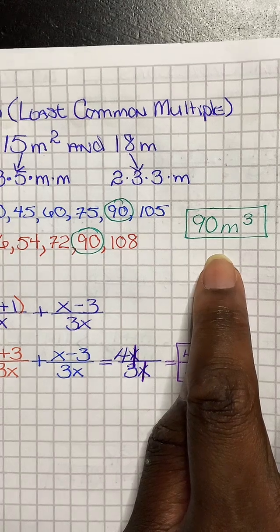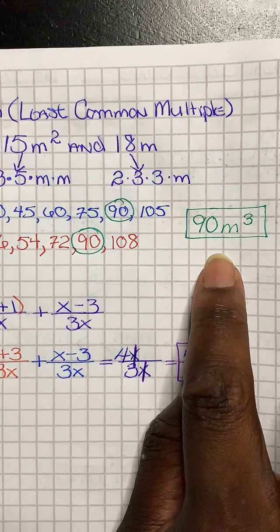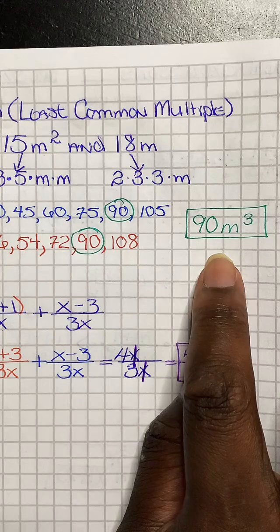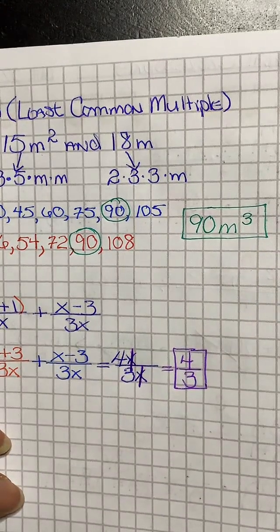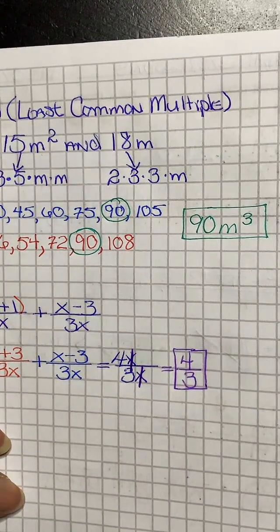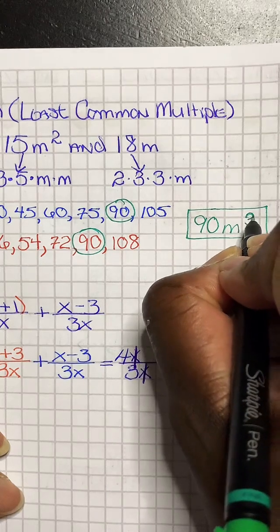Oh wait, hold on. There's 2 m's, not 3. You always go with the highest exponent.